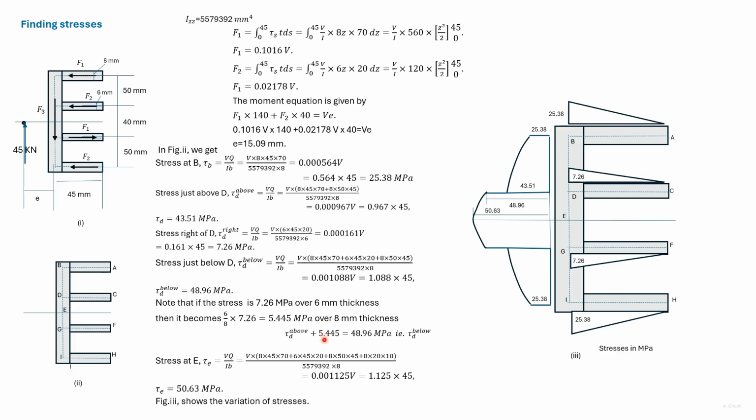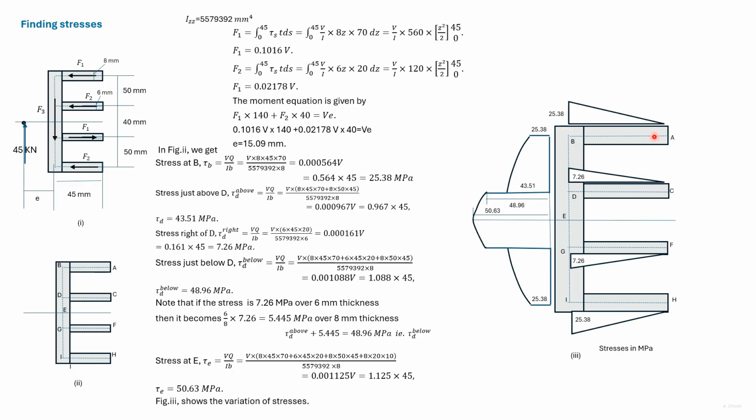If we add this stress to the stress just above D, we get the stress just below D. To get the stress at E, we use the Q that we have obtained earlier plus the Q of this portion, which is 8 into 20 and the distance is 10. We substitute the values and we get the stress at E.